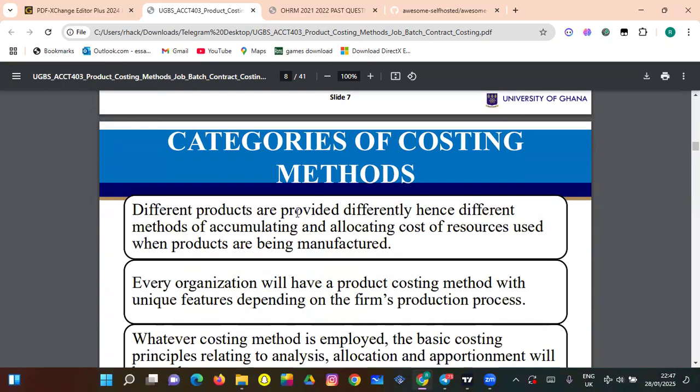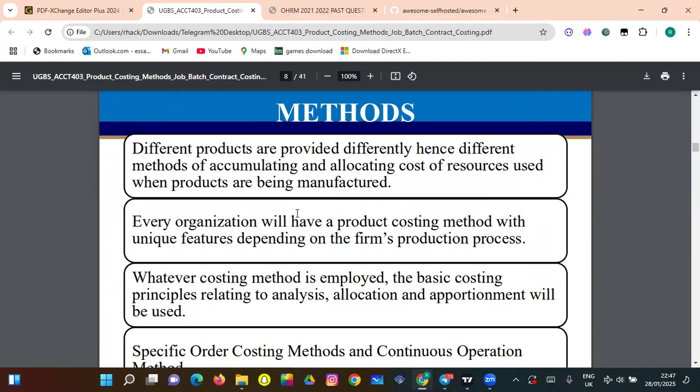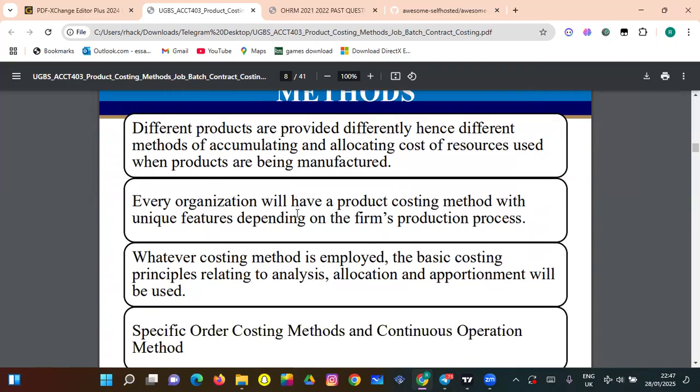So now let's look at the categories of costing methods. Different products are provided differently, hence different methods of accumulating and allocating the cost of resources used when products are being manufactured. Every organization will have a product costing method with unique features depending on the firm's production process.